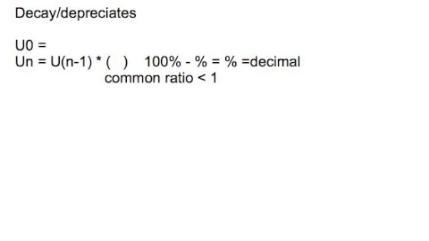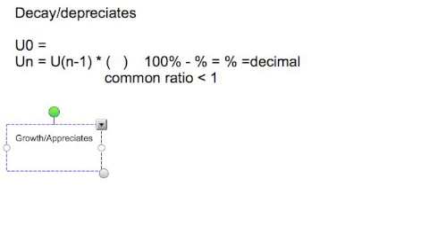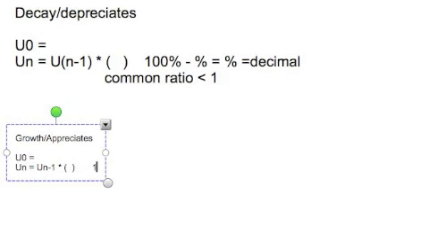Now, what if something is appreciating or it has growth? Then, again, you still need your u sub 0 number, whatever it might be. And your recursive routine is going to be u n equals u n minus 1 times, again, some type of common ratio. Now, I think of it as 100% plus whatever it is increasing by.